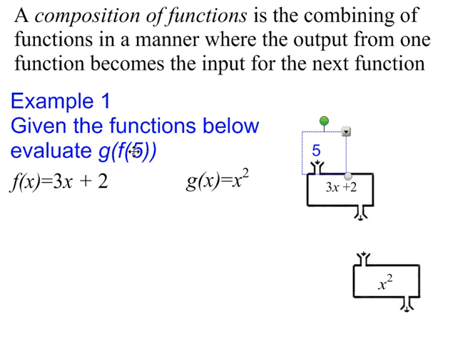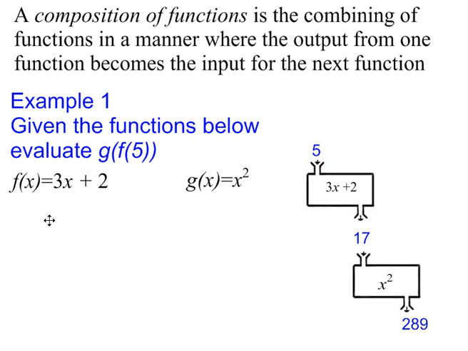So g of f of 5 means 5 inside f, that's going to output 17. Then take that 17 and input it inside g of x, and that's going to give you 289.